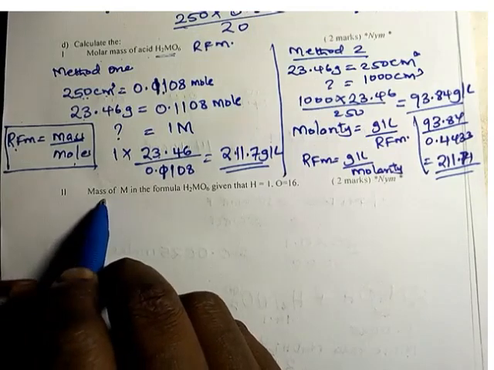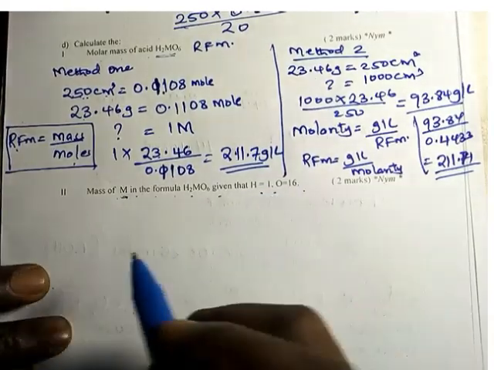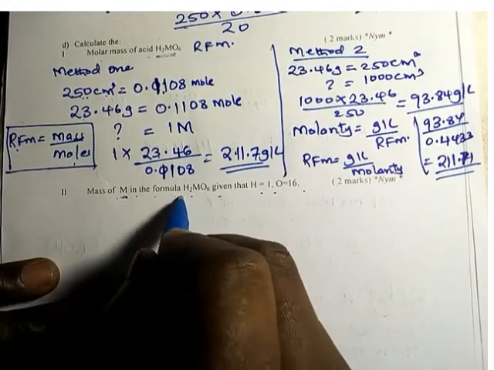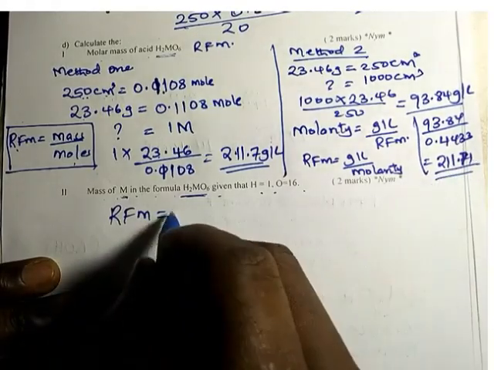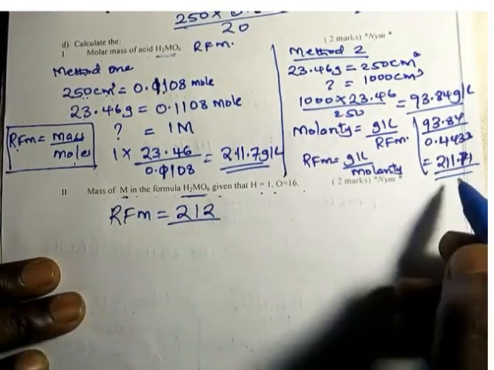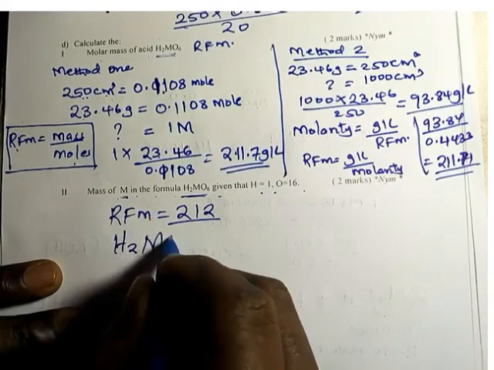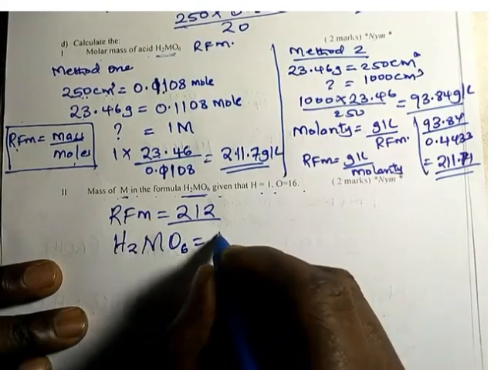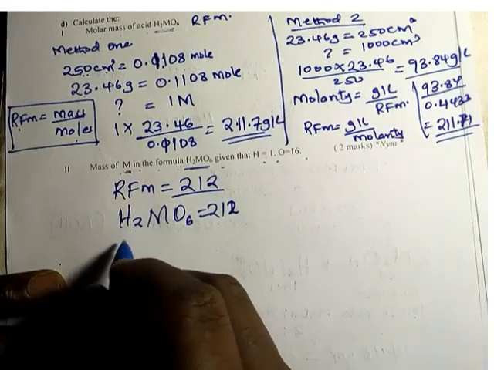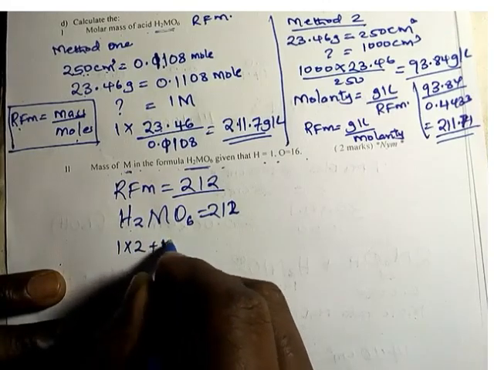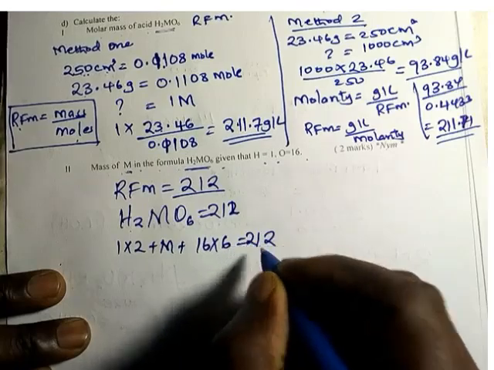Determine the mass of M in the formula, given that H is this and that. But we have the RFM, which is the molar mass. We can round this off to 212. So H2MO6 will be equal to 212. H is 1, so 1 times 2 plus M plus 16 times 6 is equal to 212.